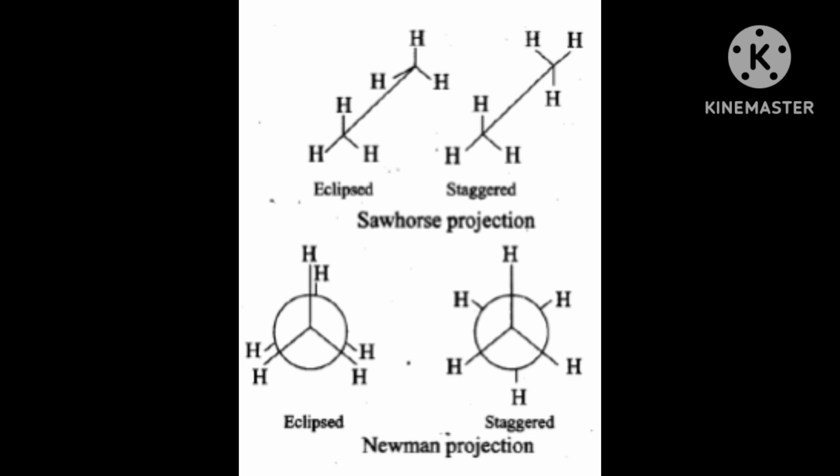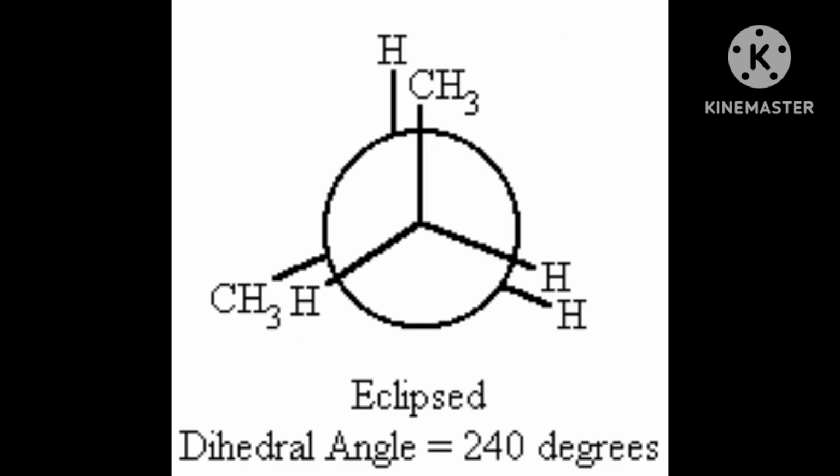Numbering of the chain is done from the end nearer to the double bond. This is very important.